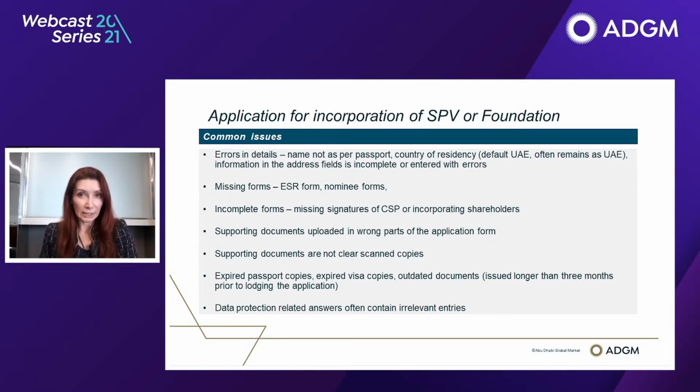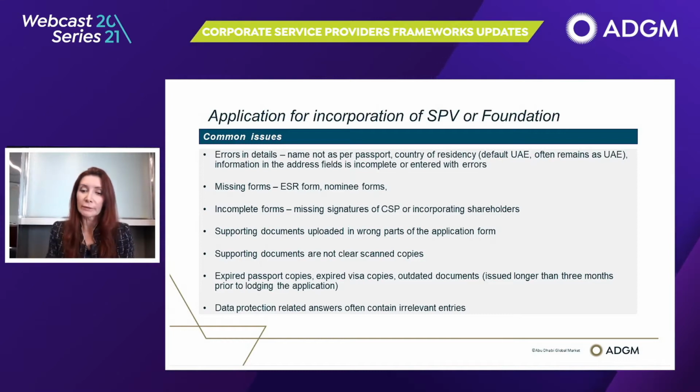Please pay attention to the data protection section of the application form. Very often the answers contain irrelevant entries or not relevant answers. The expiry date of the documents is most often applicable to passport copies, visa copies, or the supporting documents of the body corporate that holds the role.